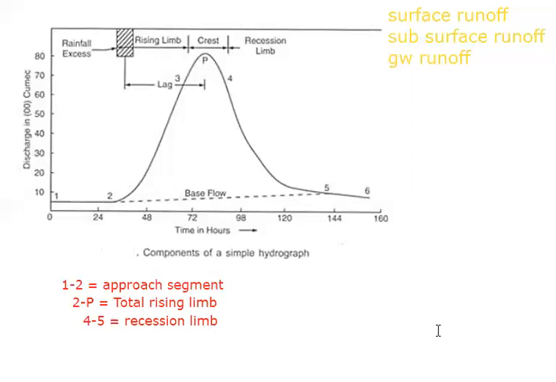And this recession limb indicates the withdrawal of water from valley storage or channel storage. The valley storage and channel storage are part of the overland flow. So the overland flow is the surface runoff, right?